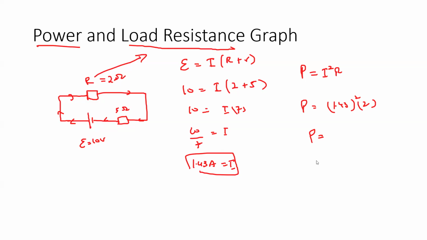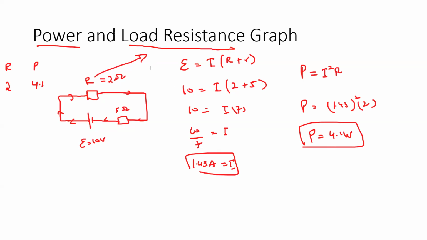So we got 4.08, which is 4.1 watts. Now we are comparing because we want to sketch a graph. So when the load resistance was 2, the power was 4.1.